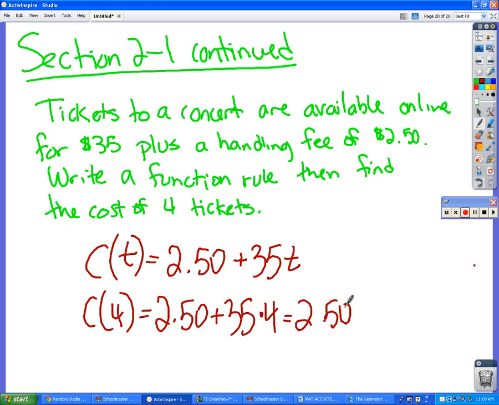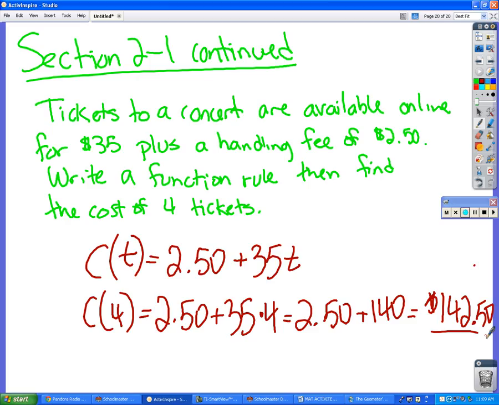What is 35 times 4? 140. So my total cost will be $942.50, right?